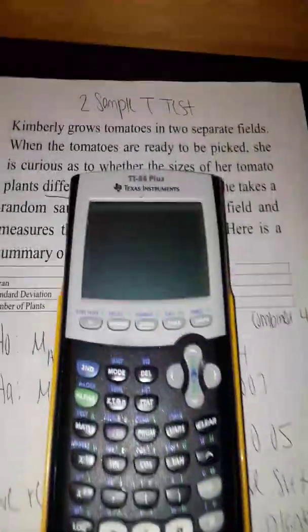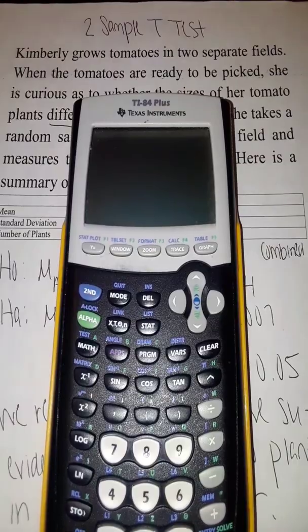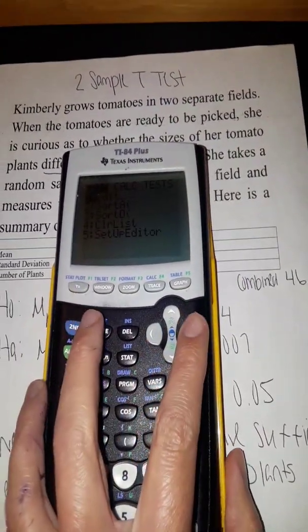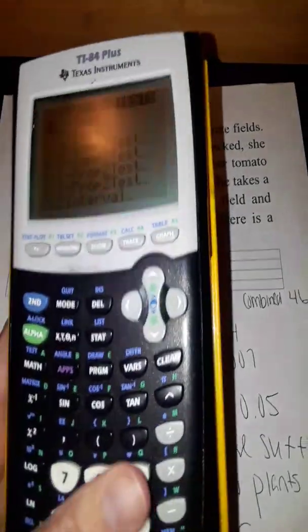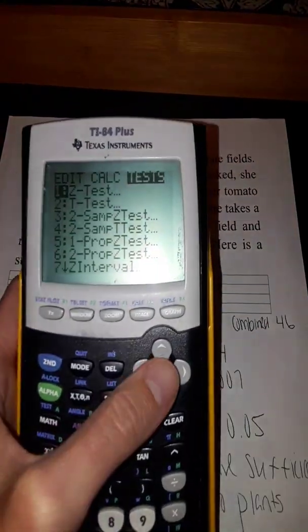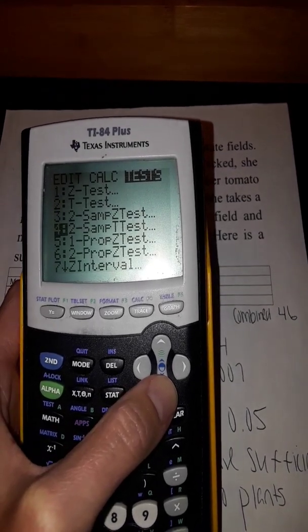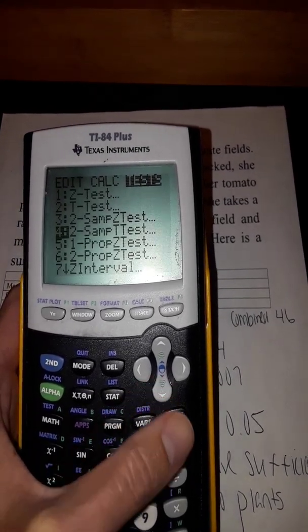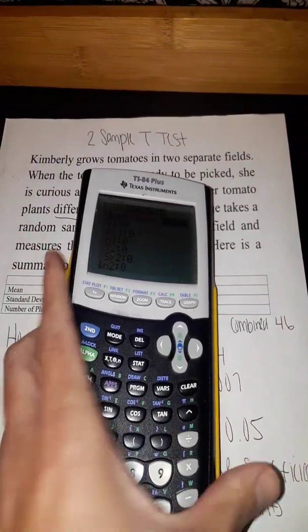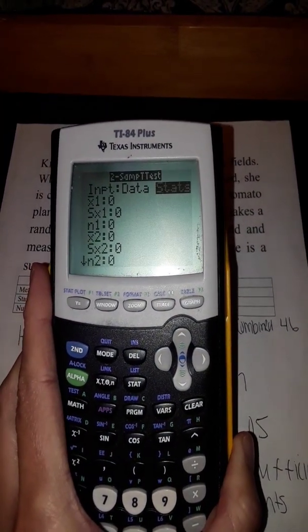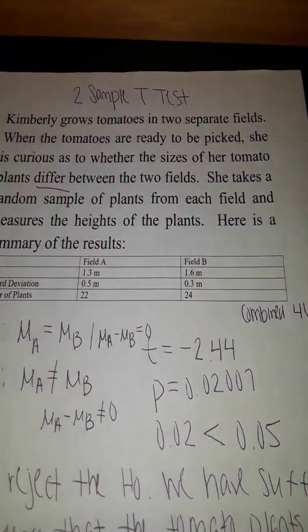Okay, in our calculator, we're going to go to the place we always go when we run a test, stat. We're going to scroll over to tests. And this time, since we do have two samples, we're going to scroll right past the t-test and go to a two-sample t-test. Sorry, I only have one hand. Now here again, we do have stats, specifically the stats from the question itself.